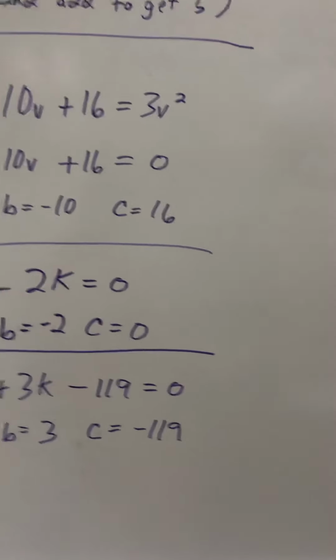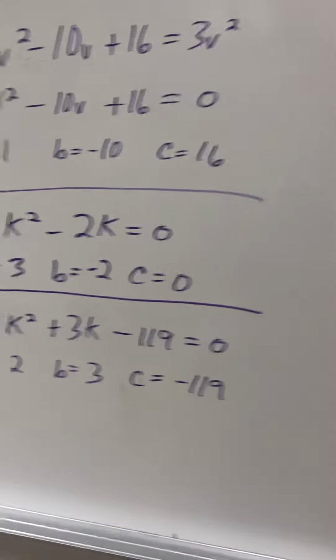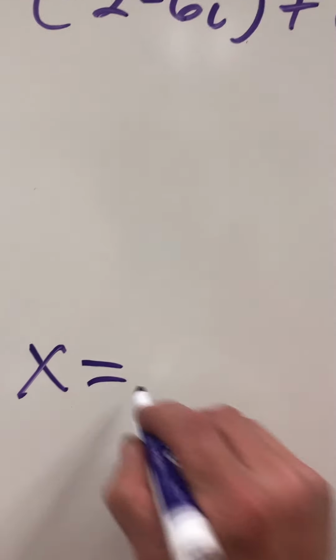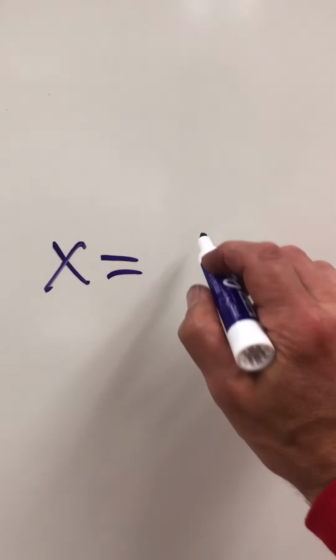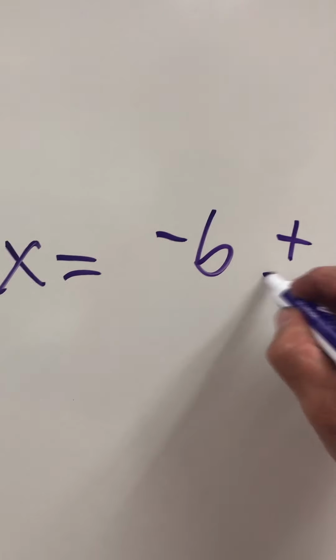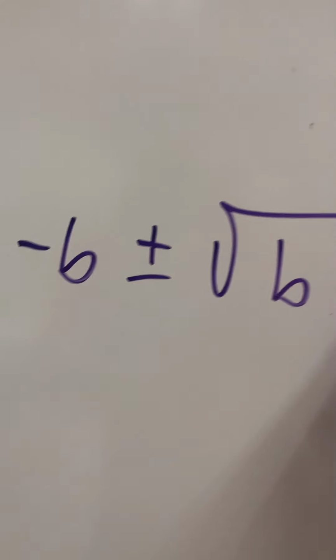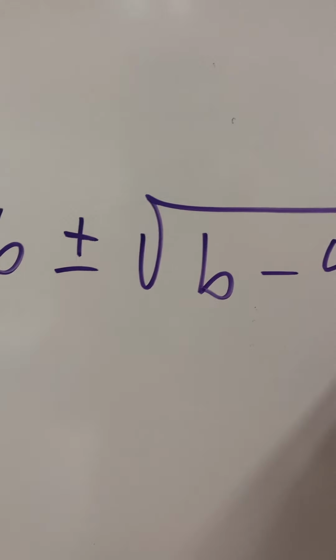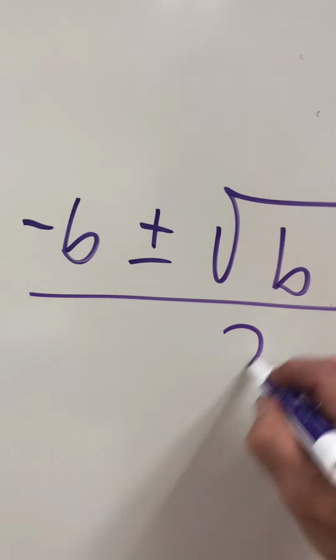And remember that quadratic formula, of which I should have over here, you might want to write this down, is x equals negative b plus or minus the square root of b squared minus 4ac, all over 2a.